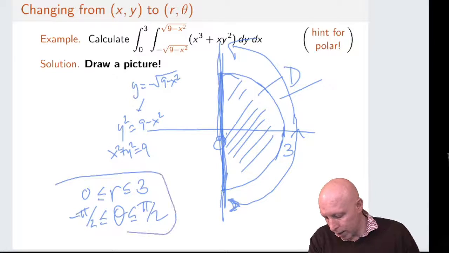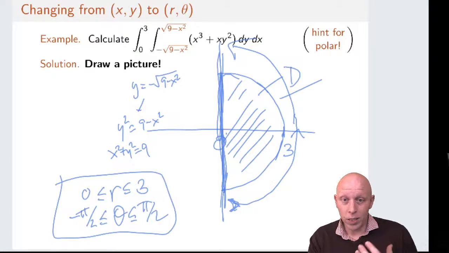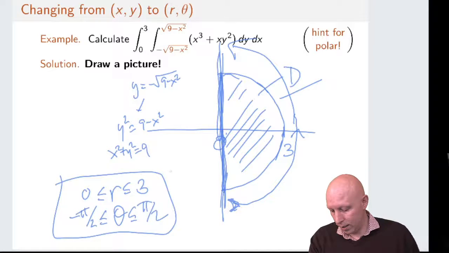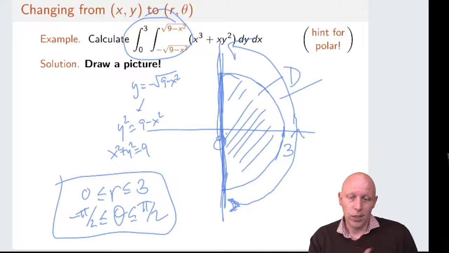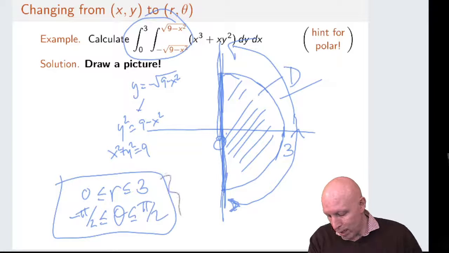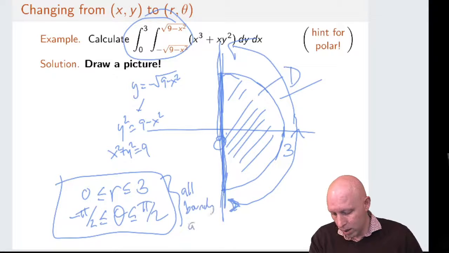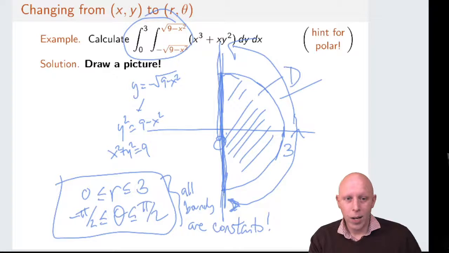So if you look at this region, it is the same as that region, but all bounds are constants. And we like integrals where all the bounds are constants.